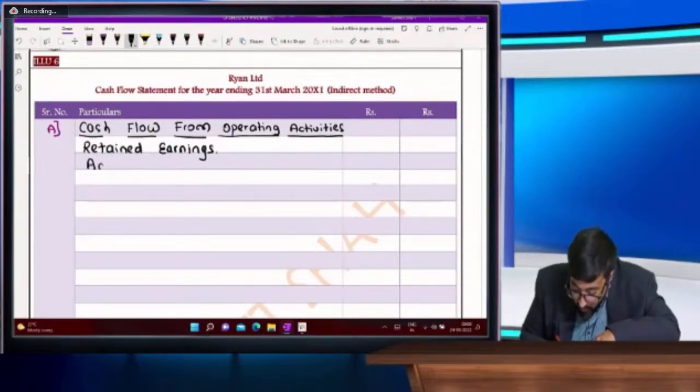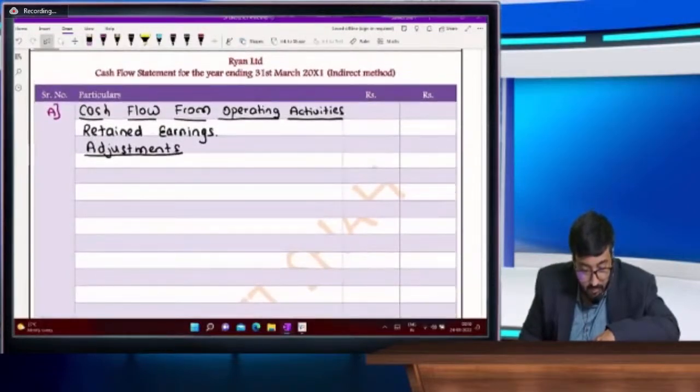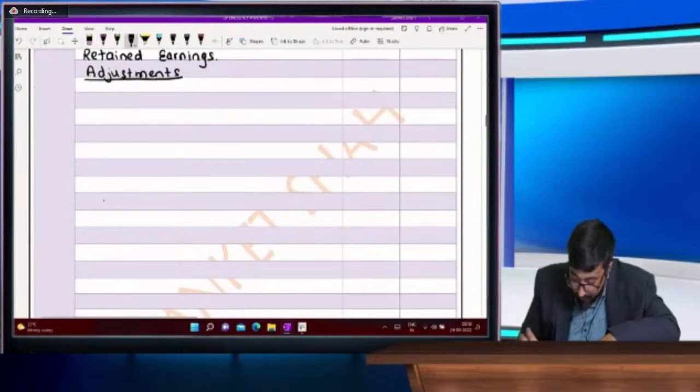Then write down adjustments, minimum 8 lines.